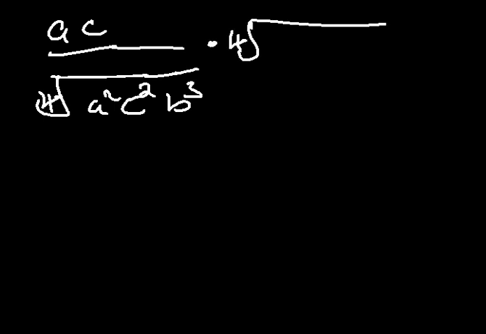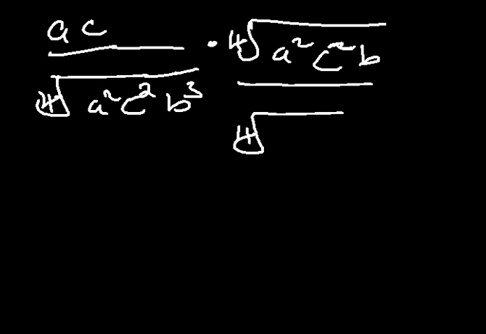We'll have the fourth root of a to the power 2, because we know that if we multiply, we'll have a to the power 4 and c to the power 2 and times b, divided by the fourth root of a to the power 2 c to the power 2 times b to the power 1.